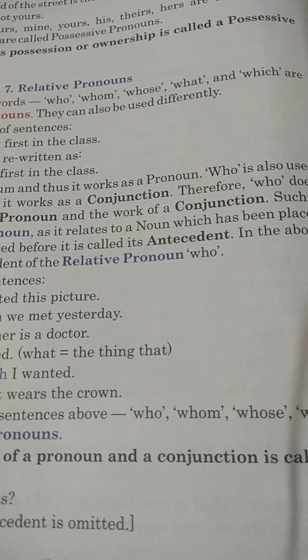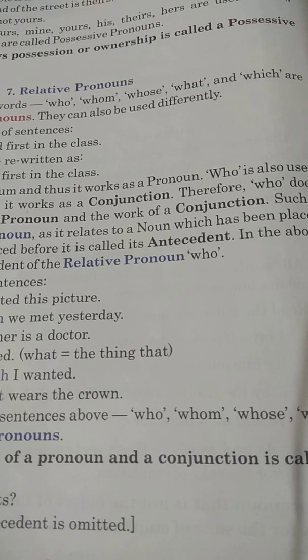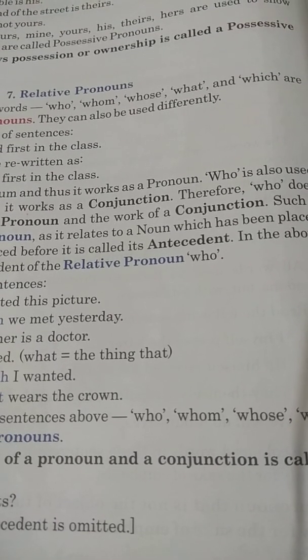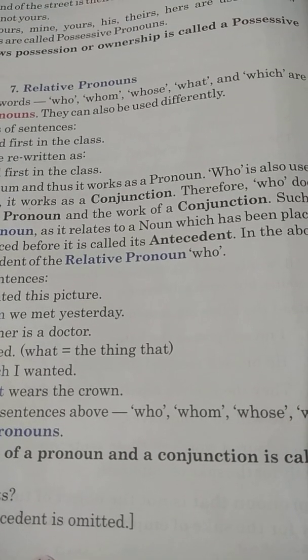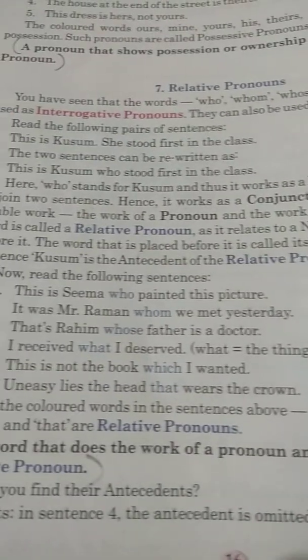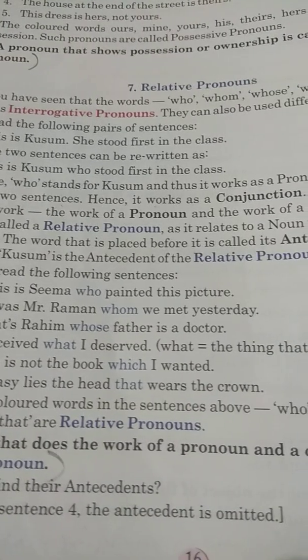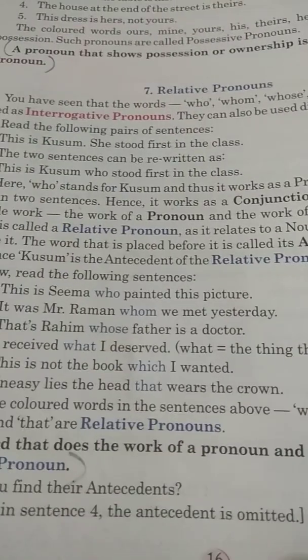Antecedent means a thing that existed before or logically precedes another. So in the above sentence, Kusum is the antecedent of the relative pronoun who.